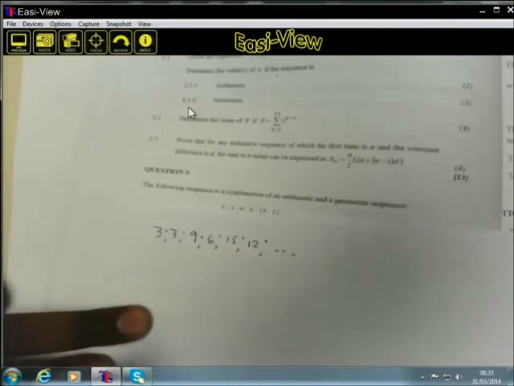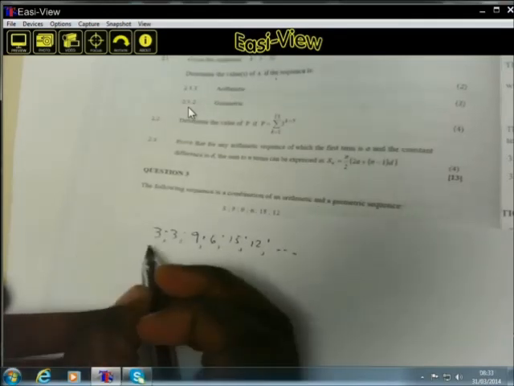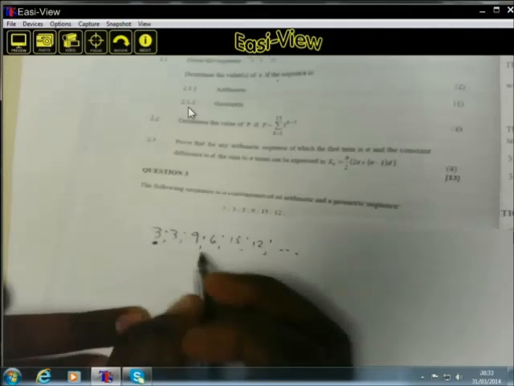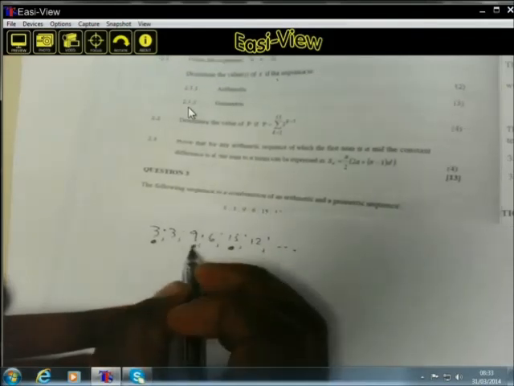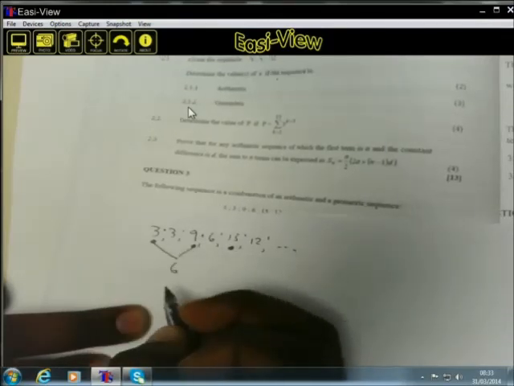In other words, this combination cannot be a successive combination, like, for instance, arithmetic sequence first and then geometric sequence. But when you look at 3, 9, and 15, and you check with arithmetic first, 9 minus 3 gives us 6.